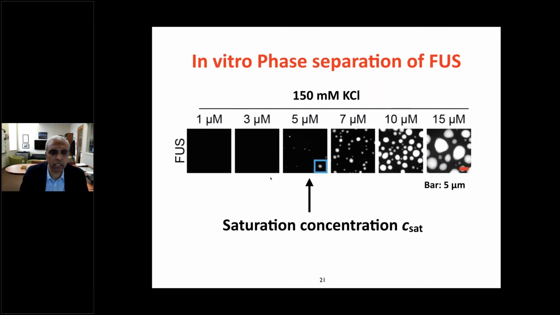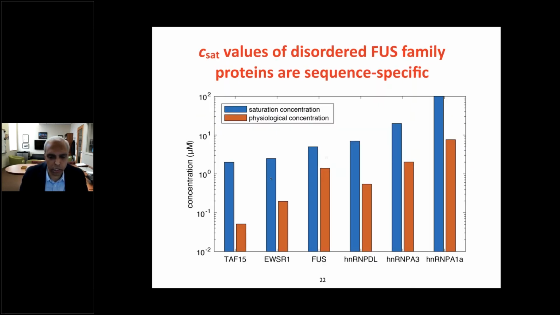The key point is that this can be measured not just for FUS, but at similar solution conditions, so 75 millimolar potassium chloride, for an assortment of proteins that belong to roughly the same family. And what one observes is that the measured saturation concentrations shown here in blue clearly depend on sequence. Much of this protein is essentially intrinsically disordered.